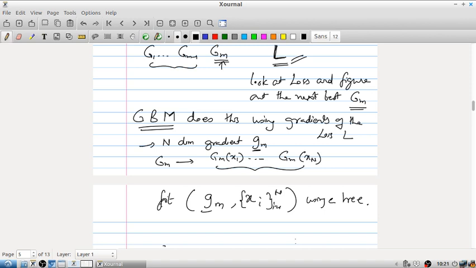Any questions here? How do you calculate the gradient? Take the first derivative of the loss. So loss is a function of these n numbers, right? So for example, square loss.